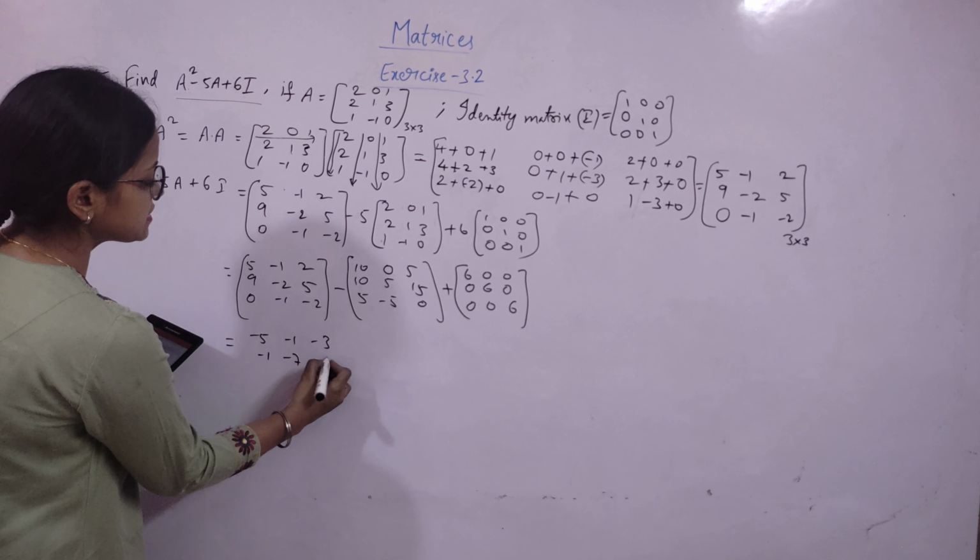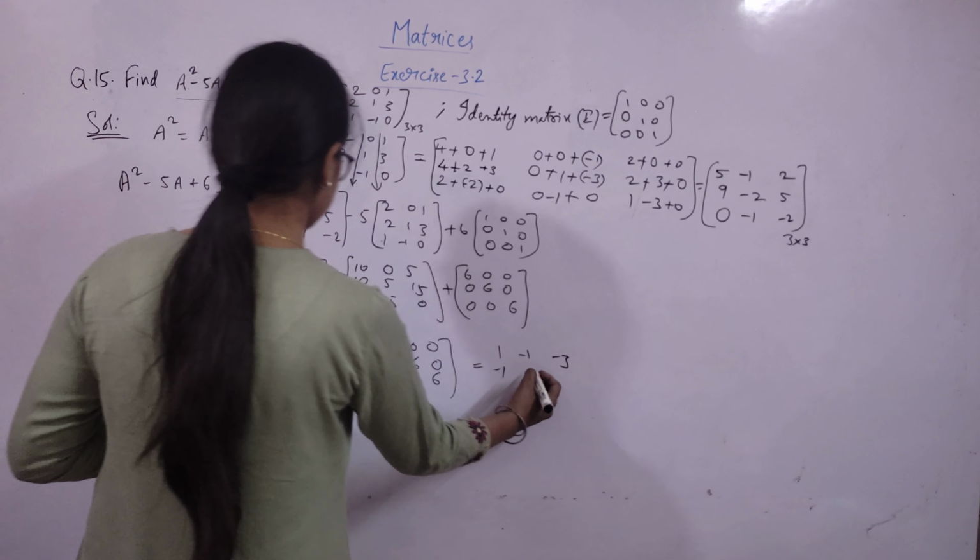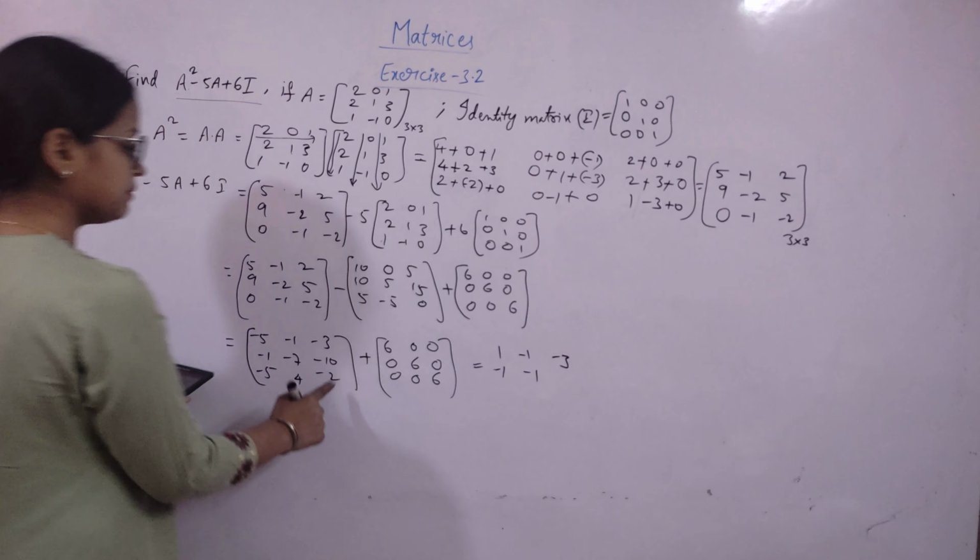Now if we calculate this, here minus 5 plus 6 is 1, and here minus 1, here minus 3, and here minus 1. Minus 7 plus 6 is minus 1. Okay, minus 10.